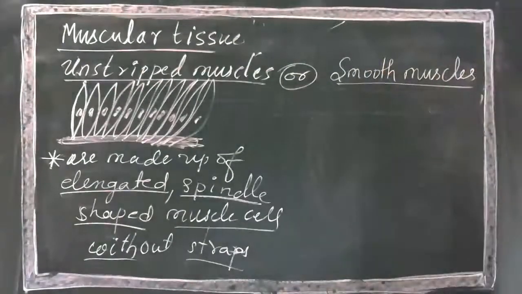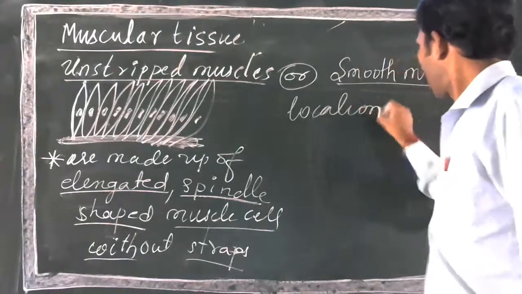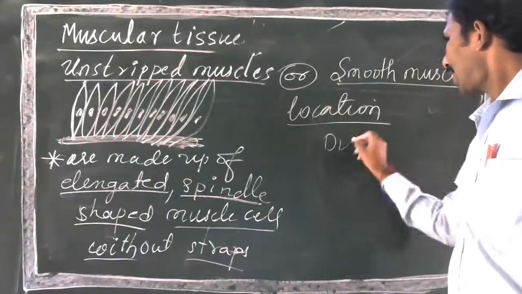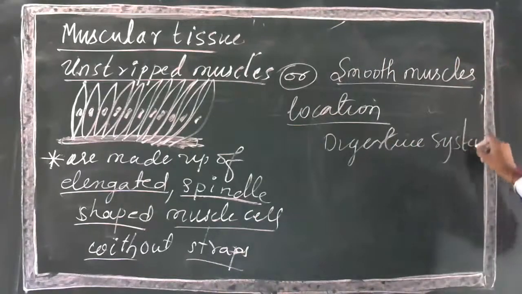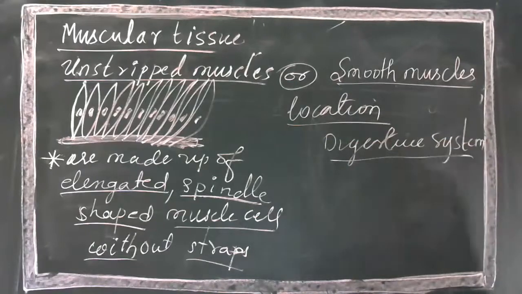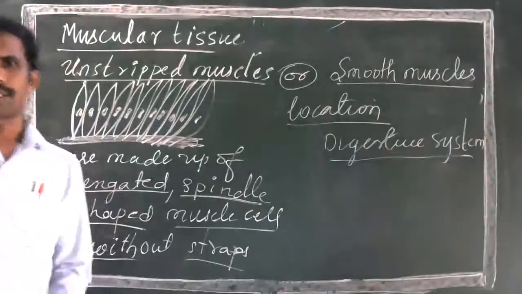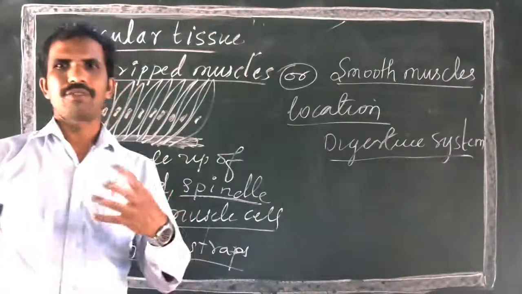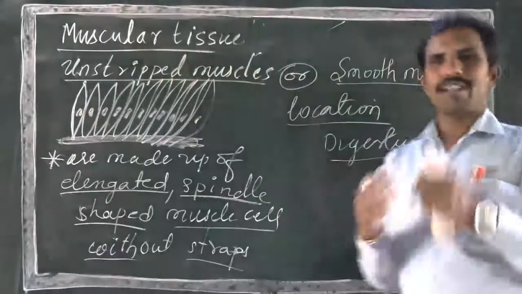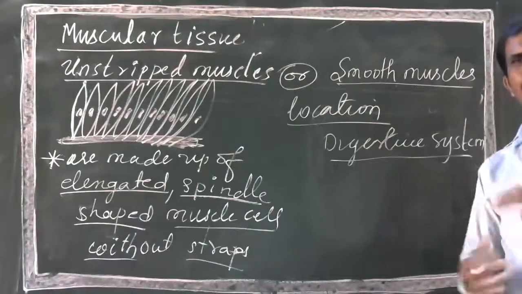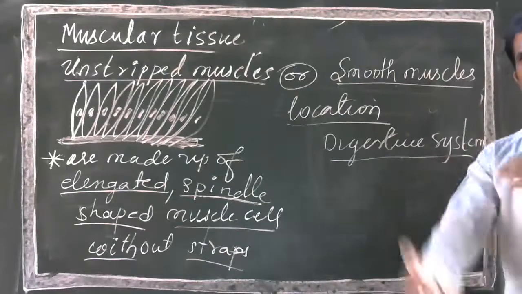Smooth muscles. Where are they present, the location? They are present in the digestive system, the parts like the stomach, small intestine and large intestine, because they help in the movement of food. The food is carried to the next part.